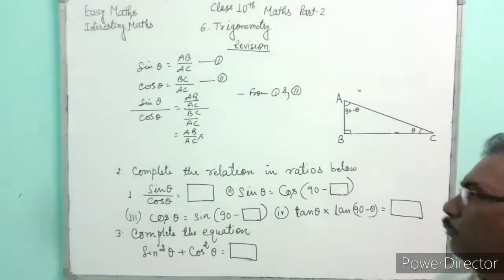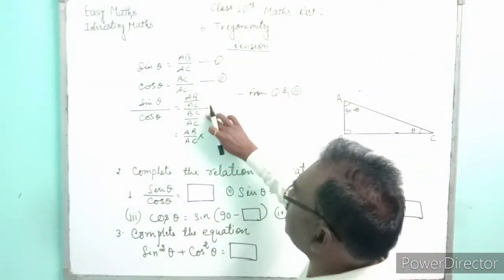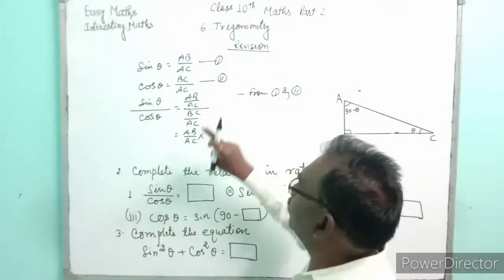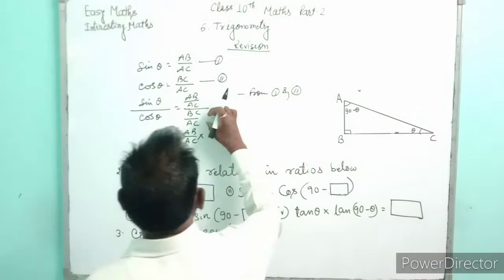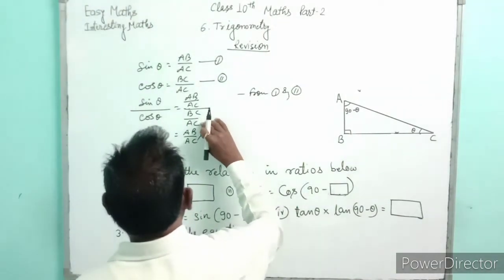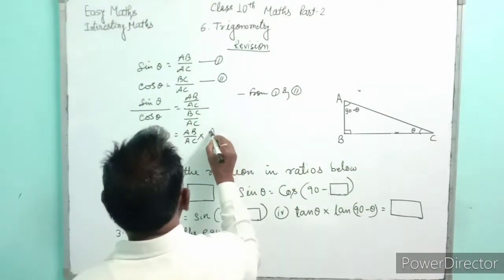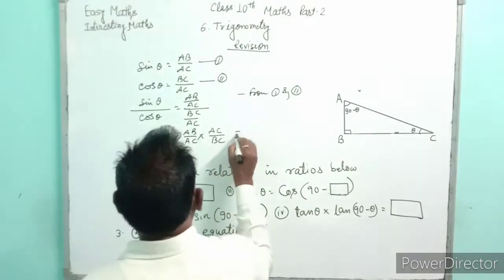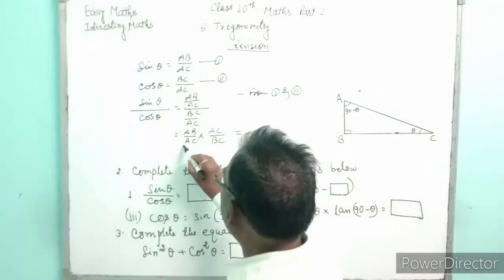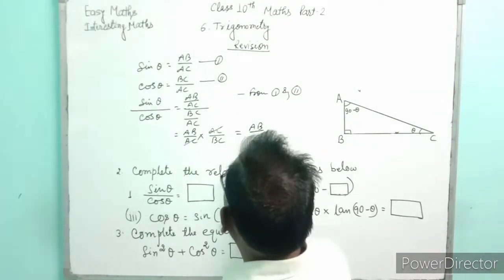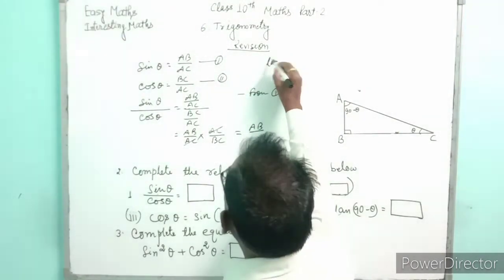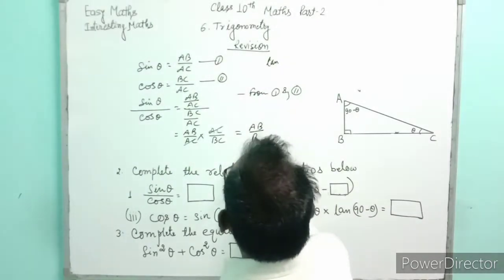What will be the reciprocal of this denominator BC upon AC? The reciprocal of BC upon AC is AC divided by BC. Here AC cancels. Here we write AB by BC.